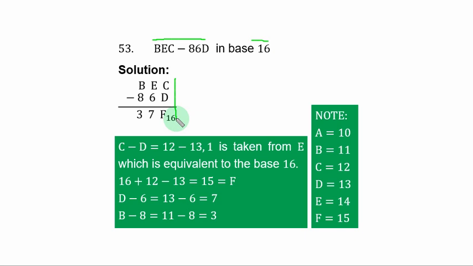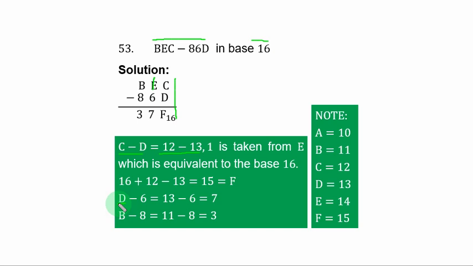You start from the first column from right, that is C minus D, equivalent to 12 minus 13, is not possible. So you come to this E and borrow. If you borrow 1 from E, notice that E is 14, you are left with D, and D is what you have here first. So note that.